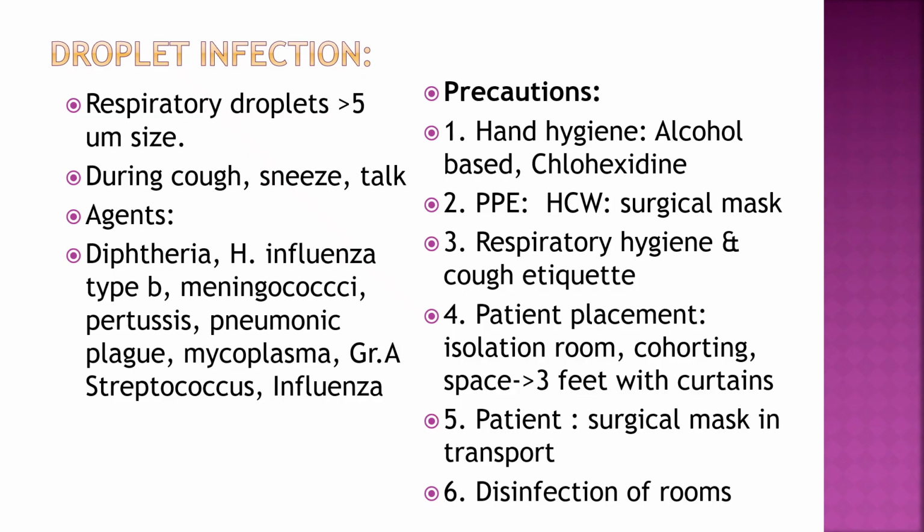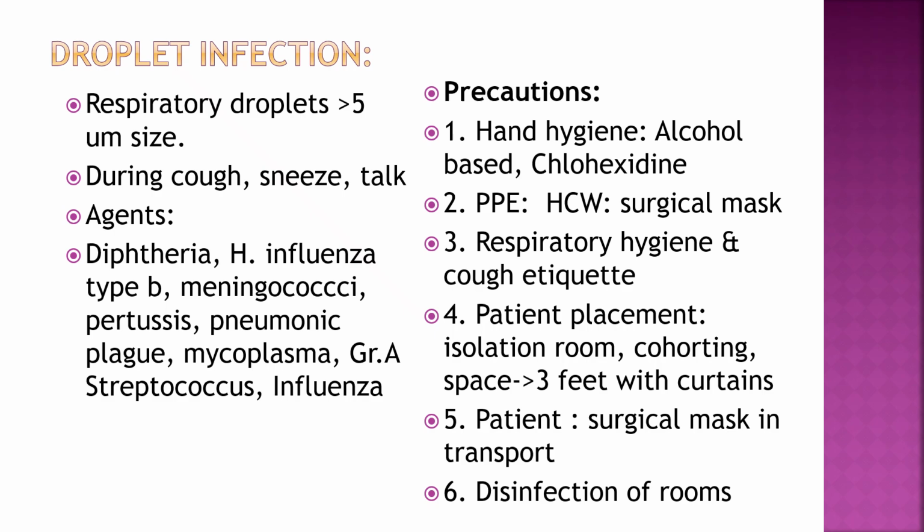The precautions we have to take here: first hand hygiene, alcohol based or chlorhexidine based, then personal protective equipment. Healthcare workers should wear a surgical mask. Respiratory hygiene and cough etiquette, that is proper cough procedure using clean cloth or tissue paper, and while coughing you should cover your mouth and nose.